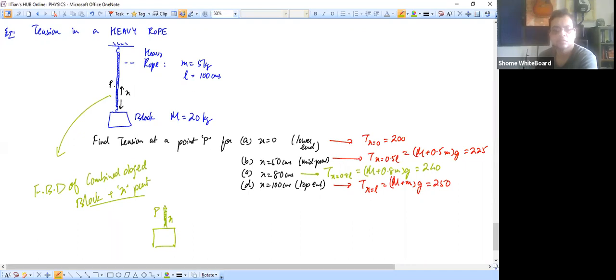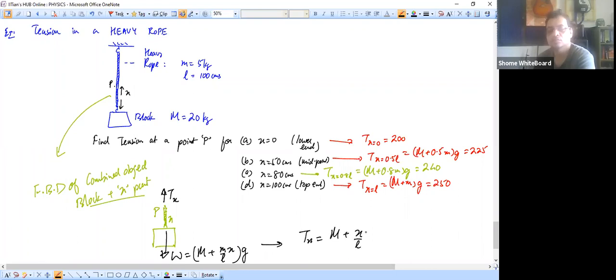The tension acting here as a function of x versus the weight. Now the weight will be capital M plus mass per unit length into x into g. So tension as a function of x will become like this. From this you will get these values.